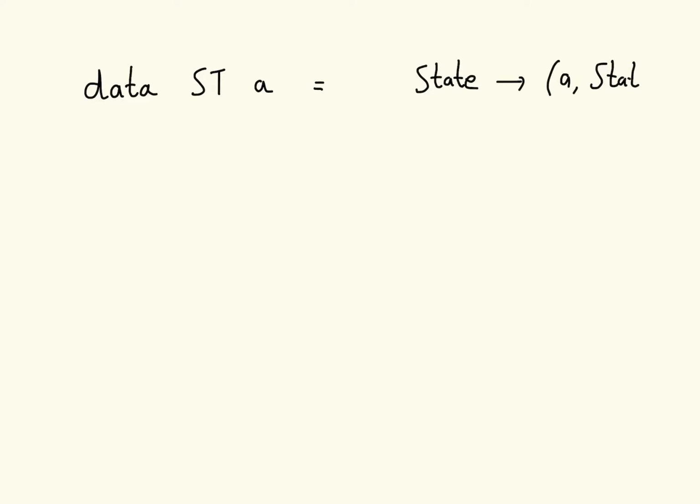But it's very easy to redefine it as a data declaration. So all I'm going to do is write data, which introduces a new data type, and I'm going to call it ST, just like we had before. And then on the right-hand side, I'm going to write exactly the same as what we just had. So you take a state as an input, and you give back a result value of type A and a possibly modified state.